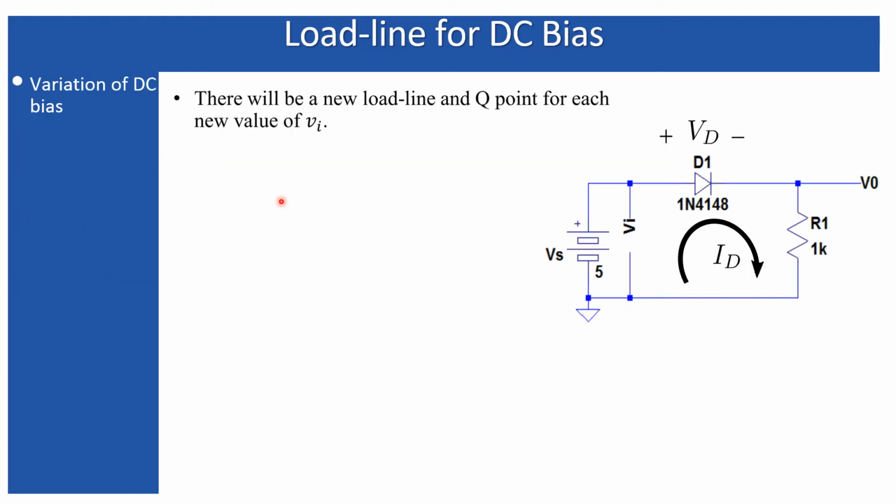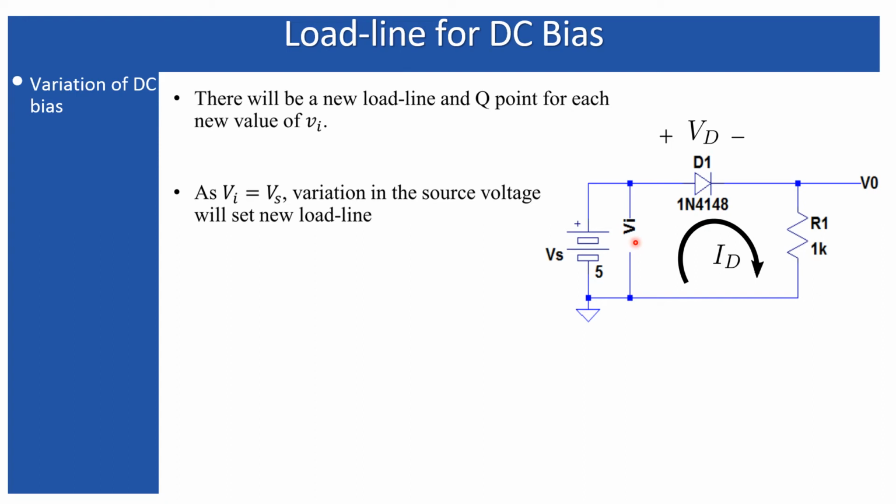Next, I am considering what will happen if this input voltage or the DC voltage varies. Say for example, here Vi equals Vs. So if this DC voltage varies, Vi also will vary. Now what does variation of Vi mean?